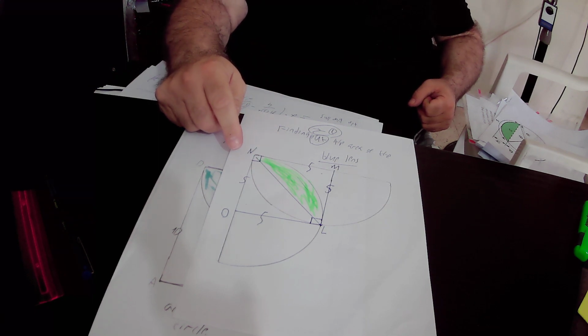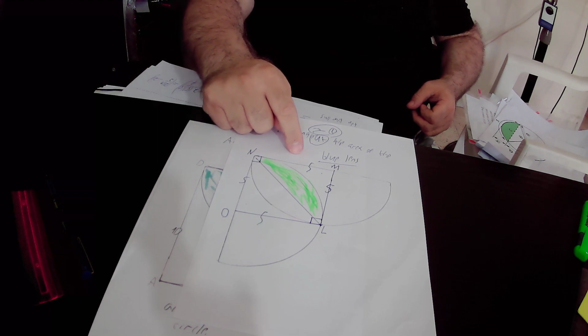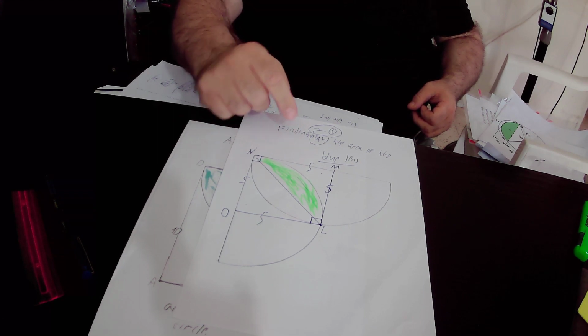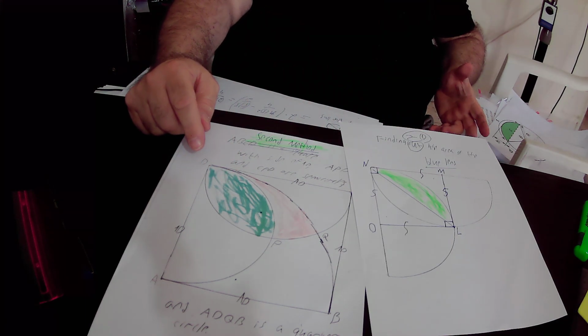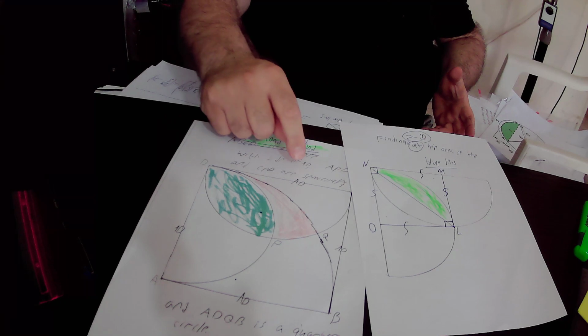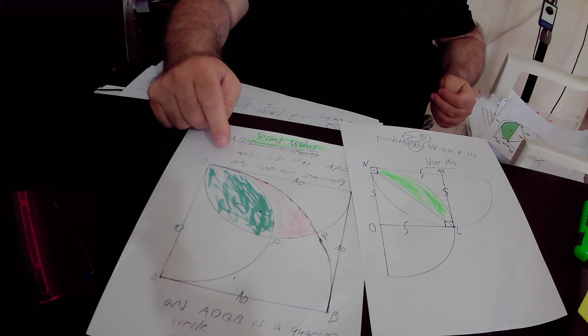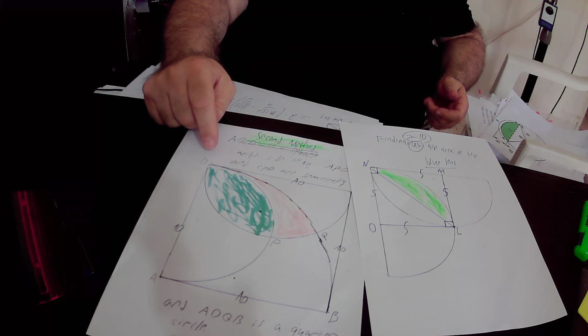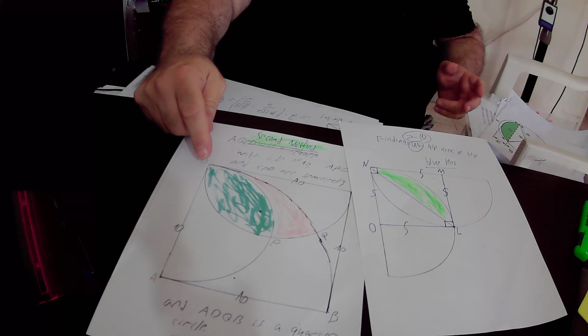Here the radius of the first semicircle was A, so A equals 5, and the radius of the second semicircle was B, here B equals 5 units, because the diameter of each semicircle equals 10. Therefore, the radii of those two semicircles are both equal to 5.